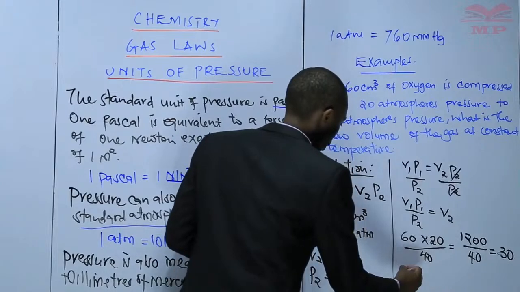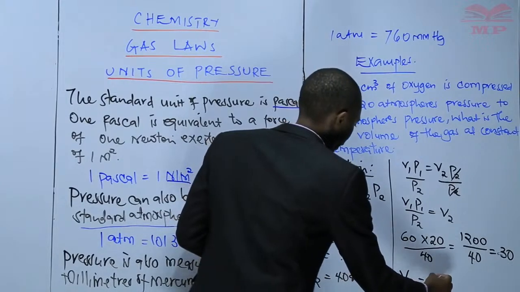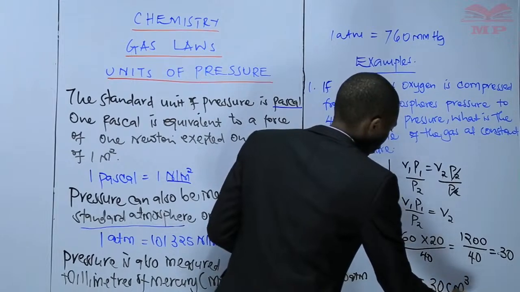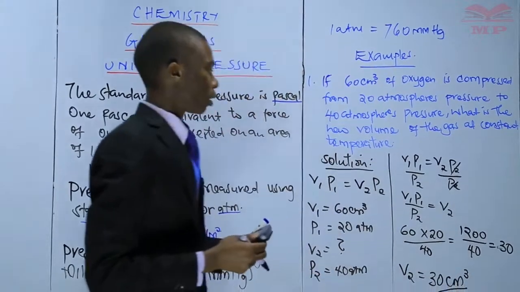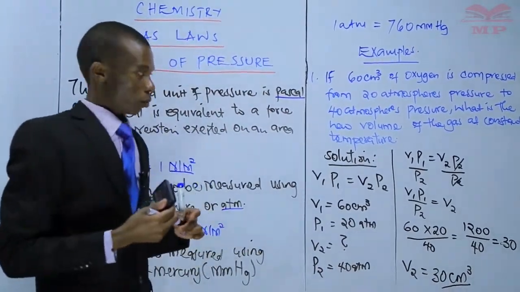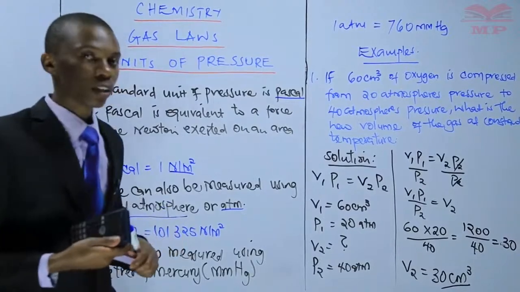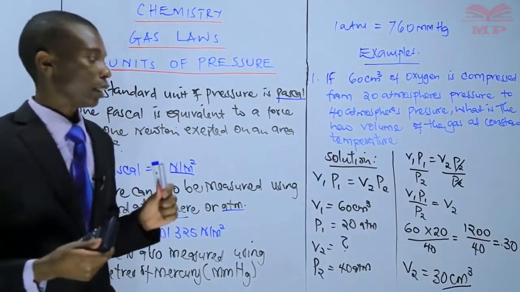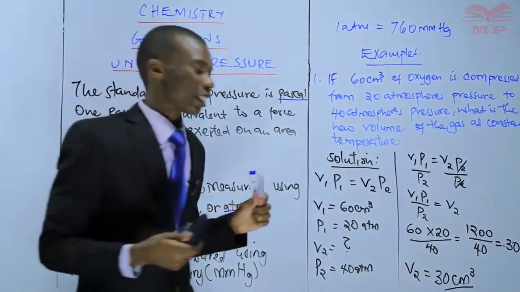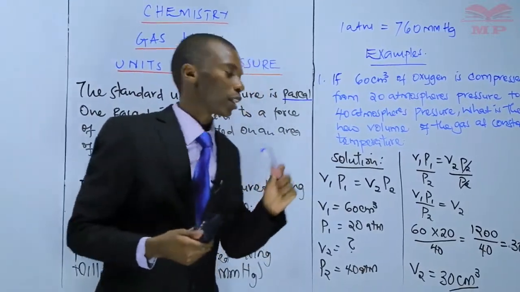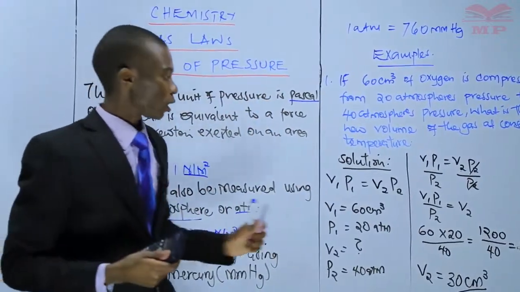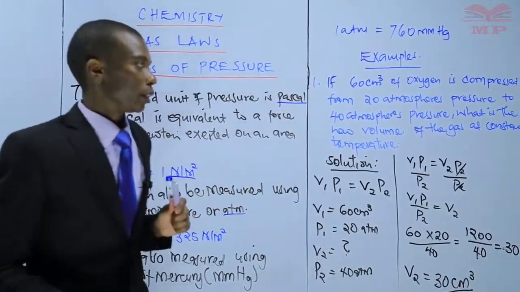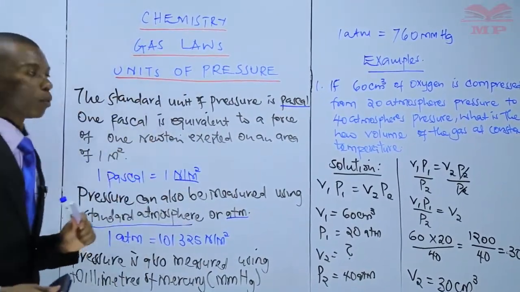Therefore, our V2 is 30 centimeters cubed. It is important to include the units, because we are calculating the volume, and this volume is in centimeters cubed. That is the first example.